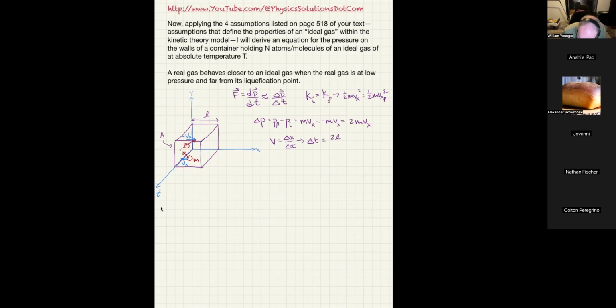So it's going a total distance of 2L, and it's going to be 2L divided by V sub x.